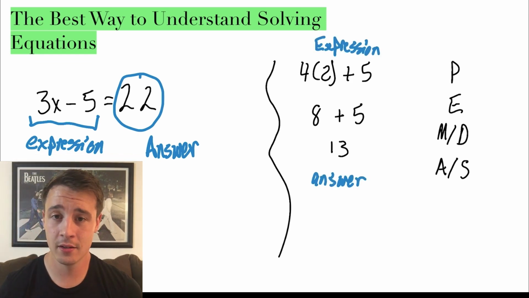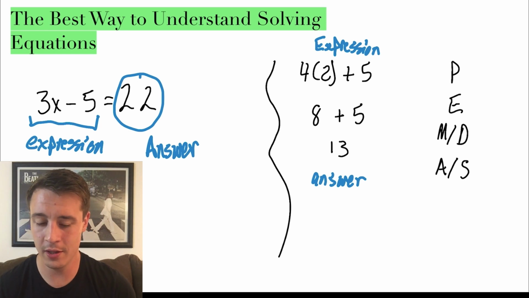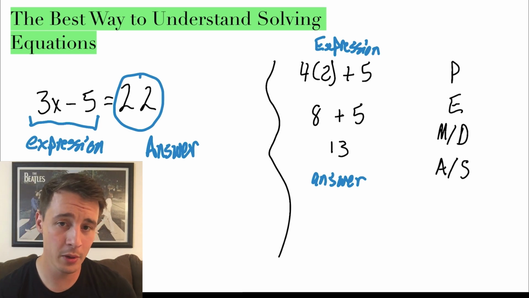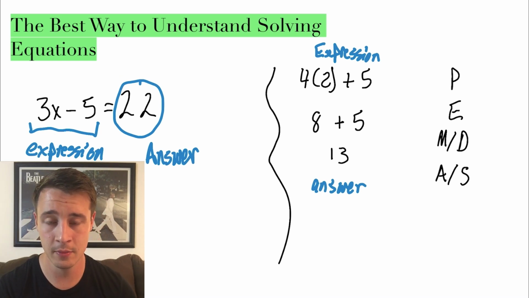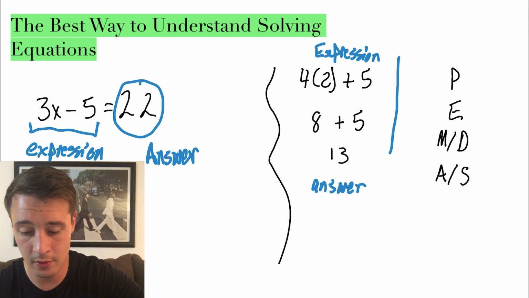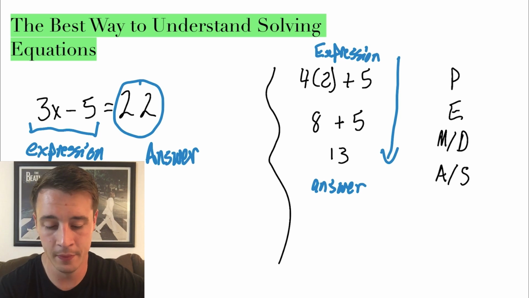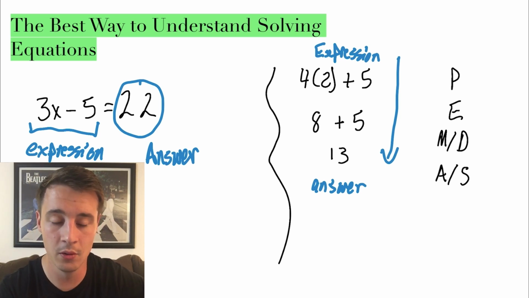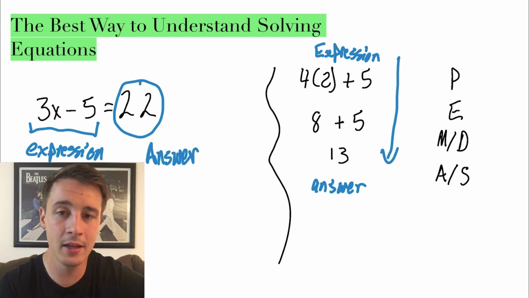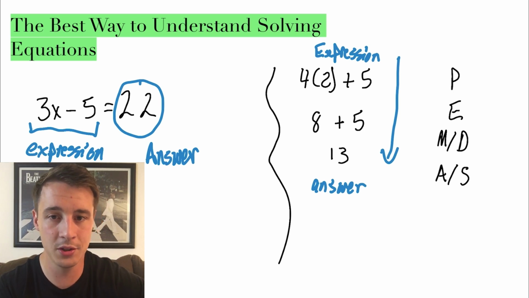So how does this connect order of operations to solving an equation? Well, when we evaluate an expression by using the order of operations, we work from our expression until we get an answer, in this case of 13. For solving an equation, what we're doing is starting with an answer and working our way back to get the missing piece of that expression.